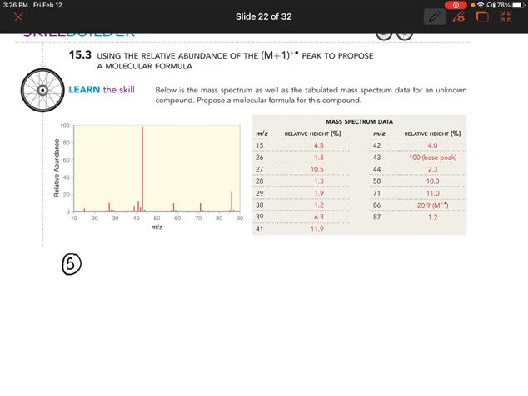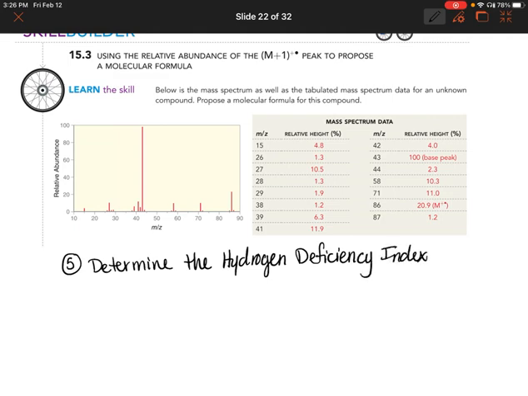So in this extra step, we could calculate what's called the hydrogen deficiency index, or HDI, and this is similar to the degree of unsaturation in your molecule. So is your molecule missing hydrogens because it has a pi bond or a ring structure? We can figure it out by doing this calculation.